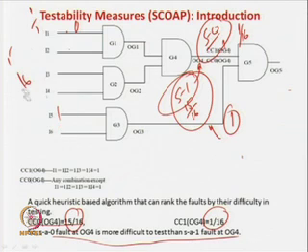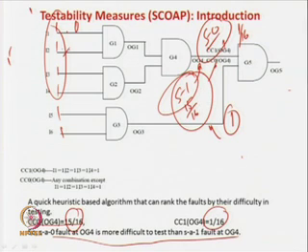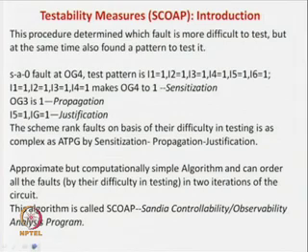We have said that you have to apply a 1 over here. So, 1 and 1 is the test pattern, and here to test a stuck at 0 fault you have to apply 1 1 1 1, only one combination, and here for the stuck at 1 fault you have to apply any other combination other than this one. So, indirectly we have generated test patterns for finding out which is the difficult to test fault and which is the easy to test fault.